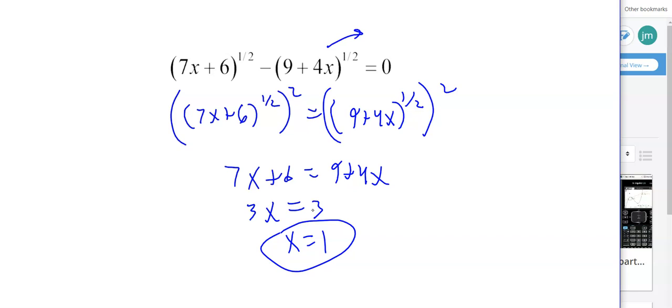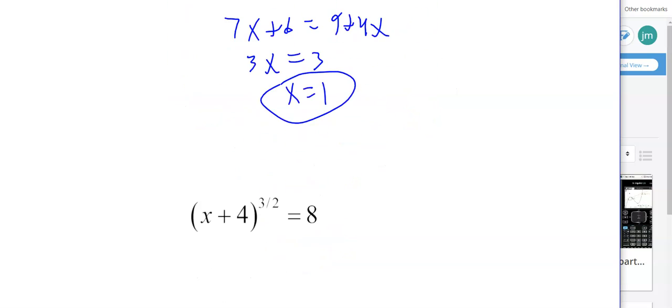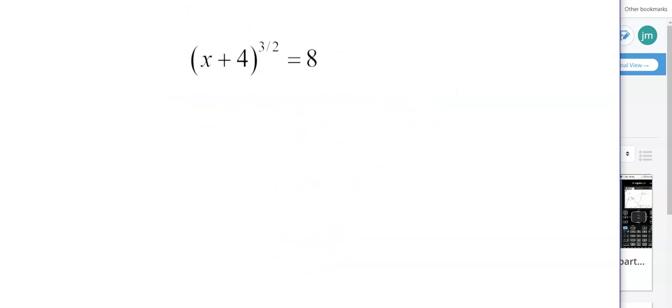Let's just double check, see if there's another problem down there. There is. So in this one, this would be kind of a neat one. You can put both sides to the reciprocal power. So this would be 2/3 power. And so here, when you multiply the powers, you get 1. So x plus 4, it's really nice, actually, equals the cube root.